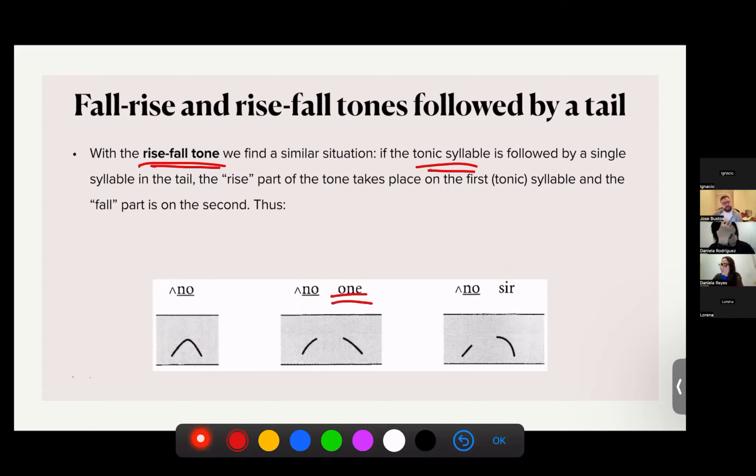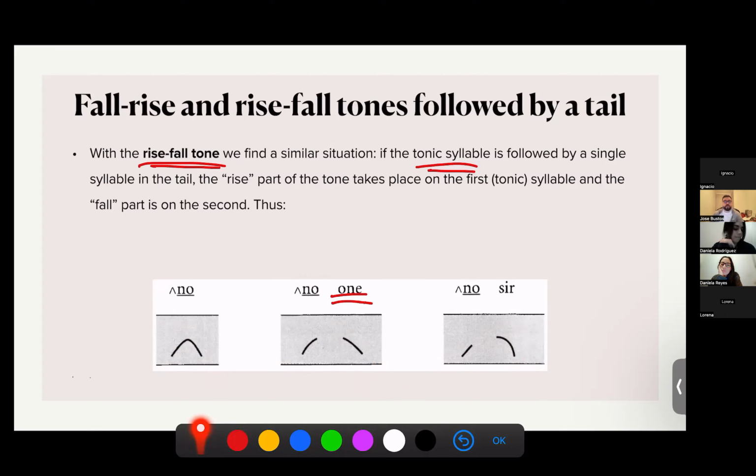Because we have a second syllable. "No one, no sir." Do you perceive the difference between this "no" and this "no"?